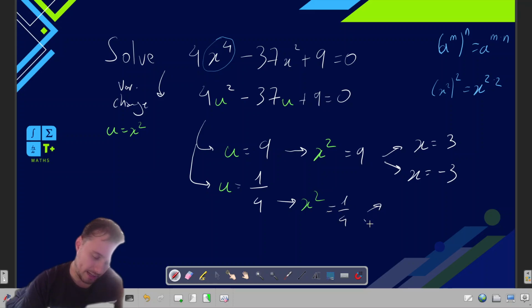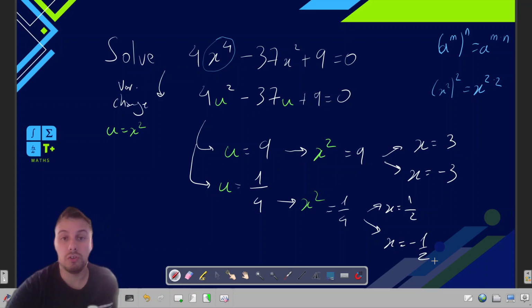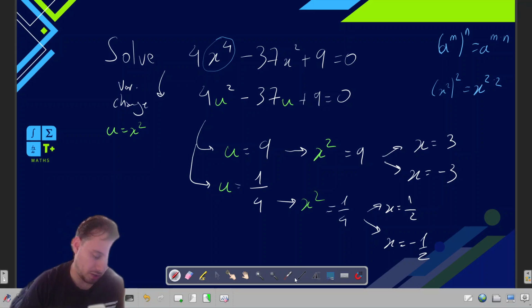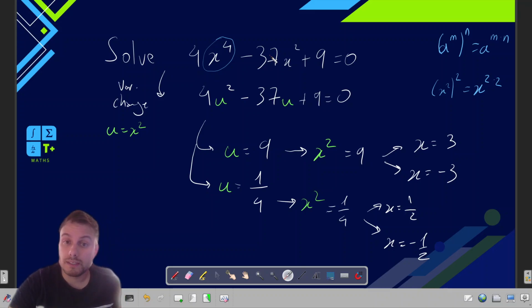So here again, I get two solutions for x that are 1/2 and -1/2. So for this particular equation of degree 4, we were able to solve it using this variable change, and we found 4 real solutions.